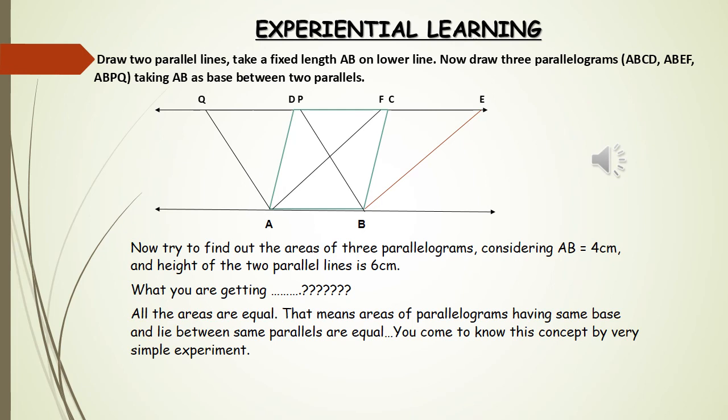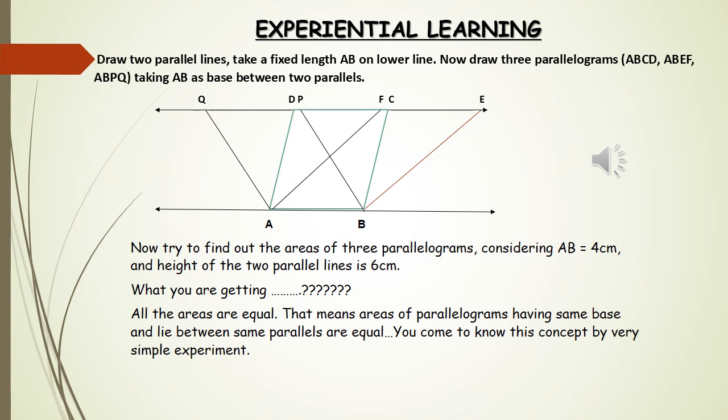Now we will be doing a small activity on the area of parallelogram. Let us draw two parallel lines and take a fixed length AB on the lower line. Take AB as 4 centimeter. Now three parallelograms should be drawn, ABCD, ABEF and ABPQ.